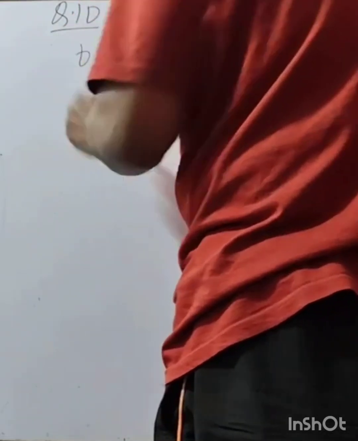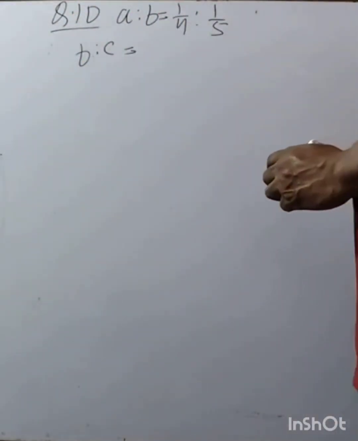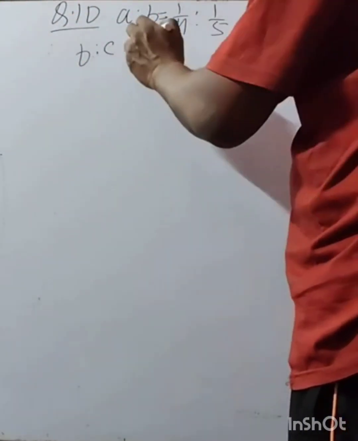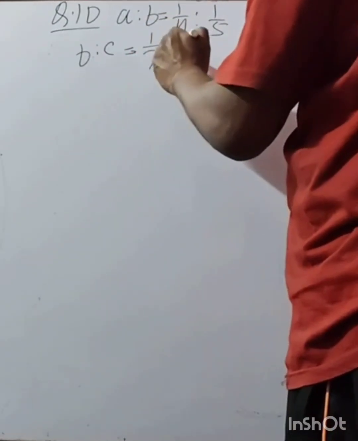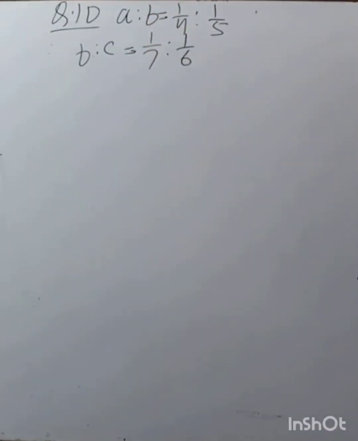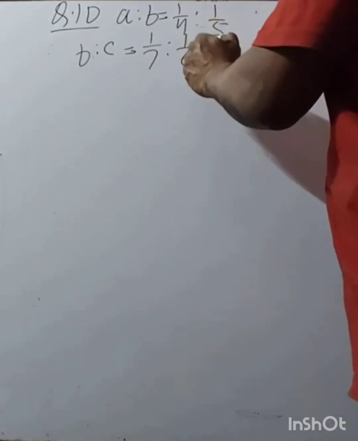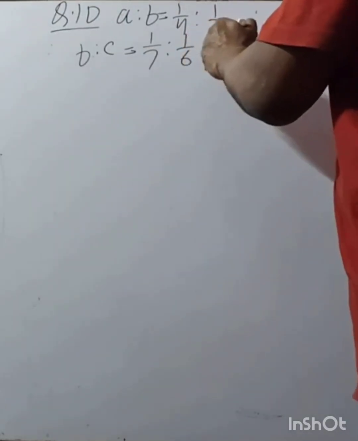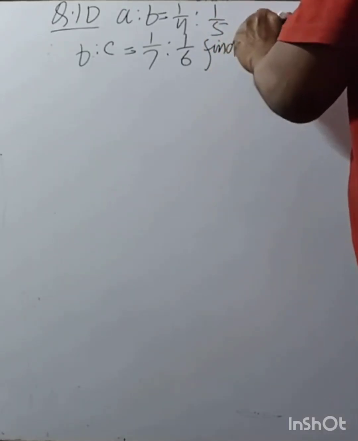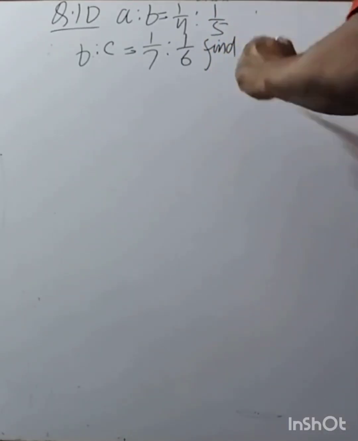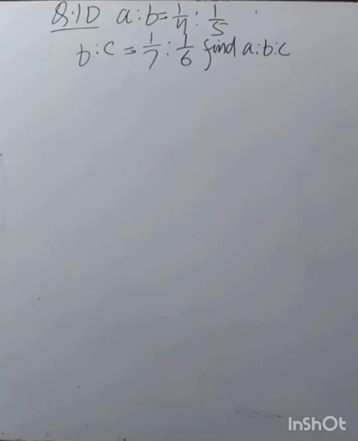B ratio C is equal to 1 upon 7 ratio 1 upon 6. Find A ratio B ratio C.